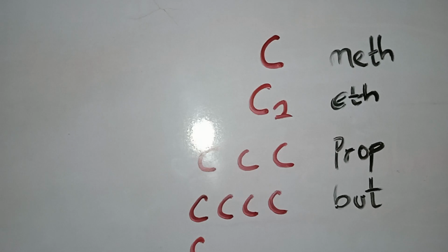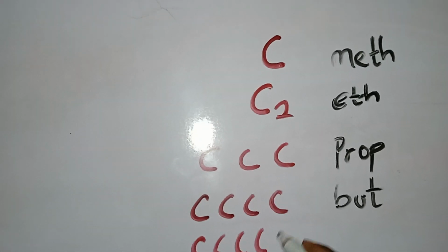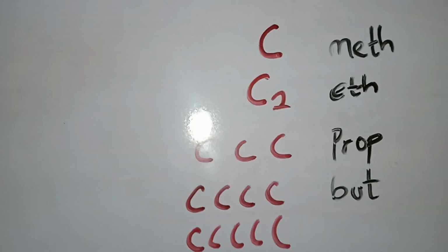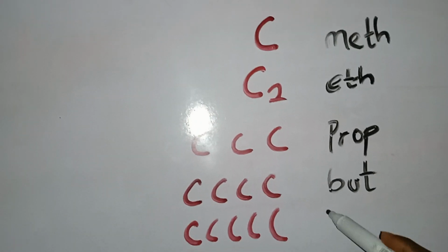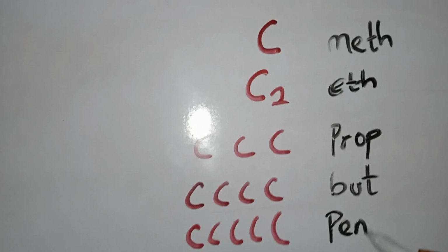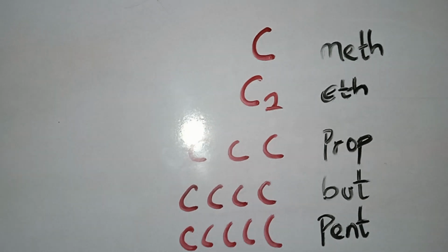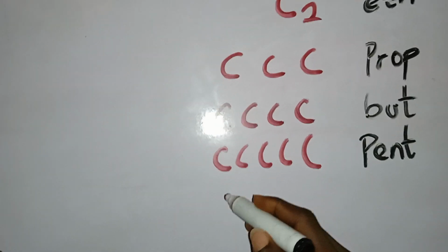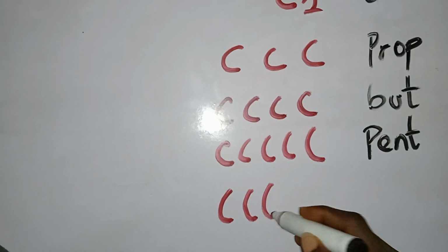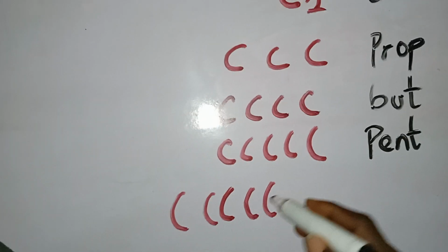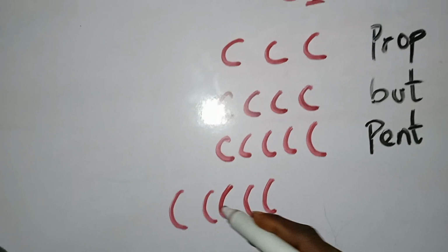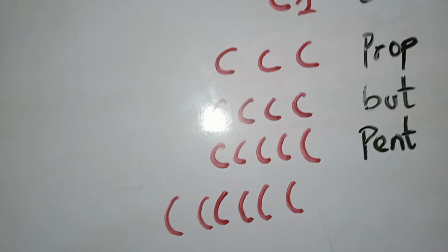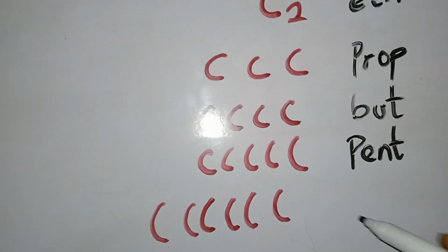When it's 5 carbons, it is pent. Now when it's 6 carbons, it is hex.